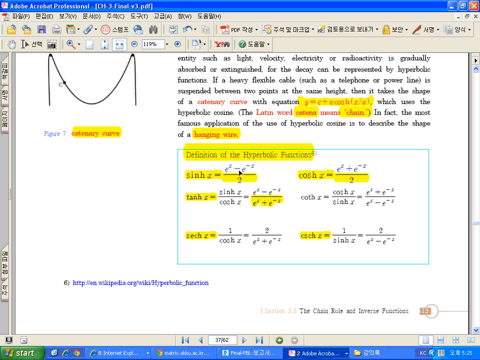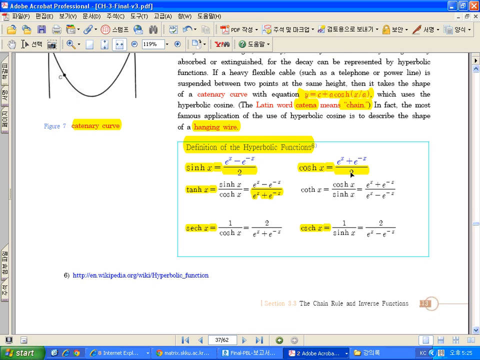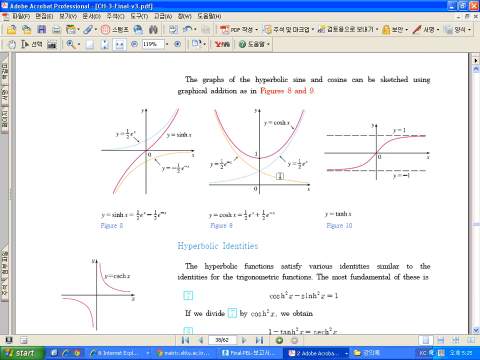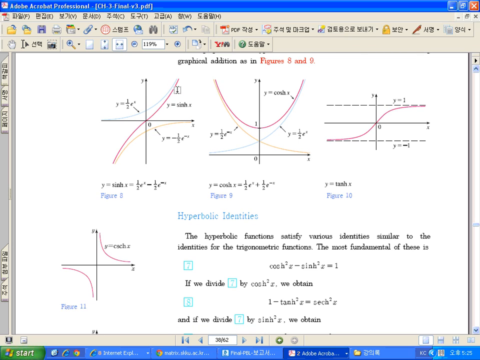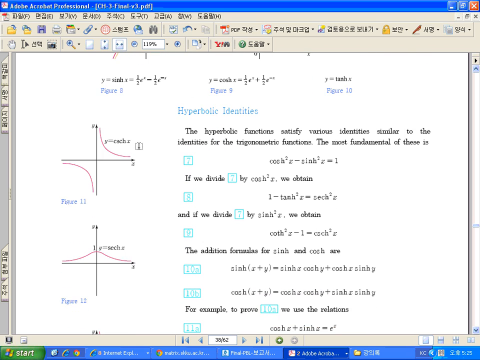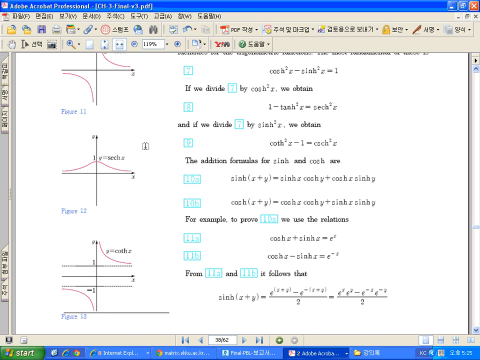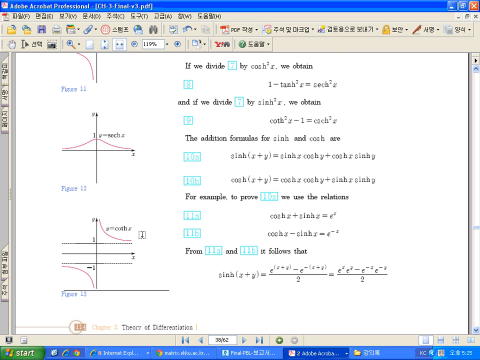Hyperbolic sine has a minus sign here, and hyperbolic cosine has a plus, over 2. That is what you need to know, then all others will follow. Here are the graphs of the hyperbolic sine, cosine, tangent, cosecant, secant, and cotangent.